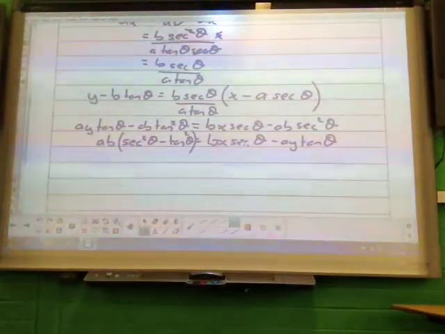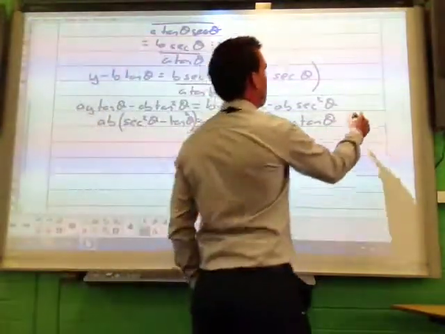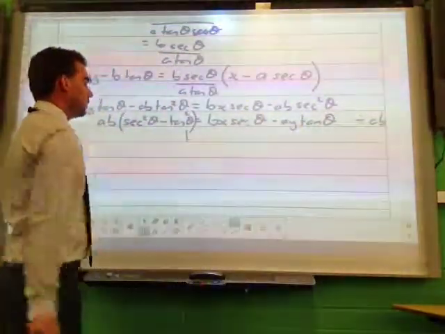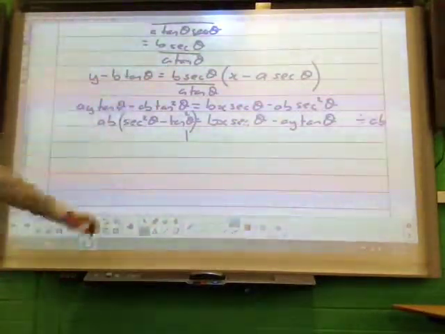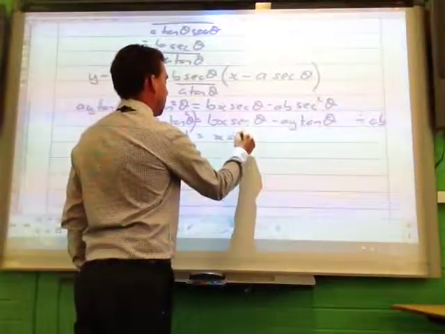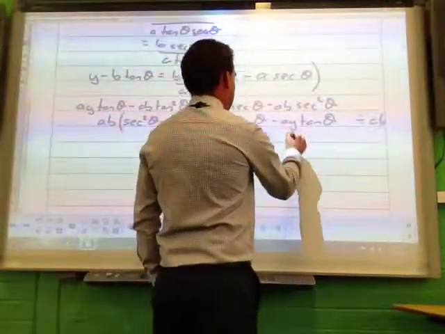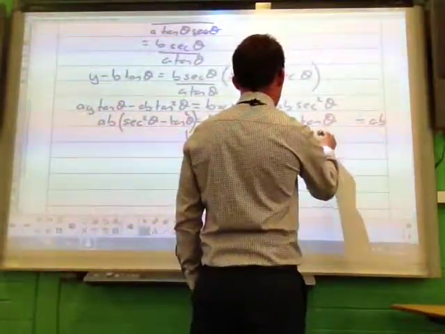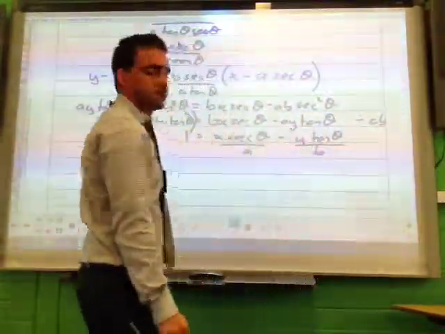So sec squared take away tan squared is 1. And if I divide everything by ab, this is going to be 1 eventually, because ab divided by ab, and then this is already 1. x sec theta over a take away y tan theta over b. As required.